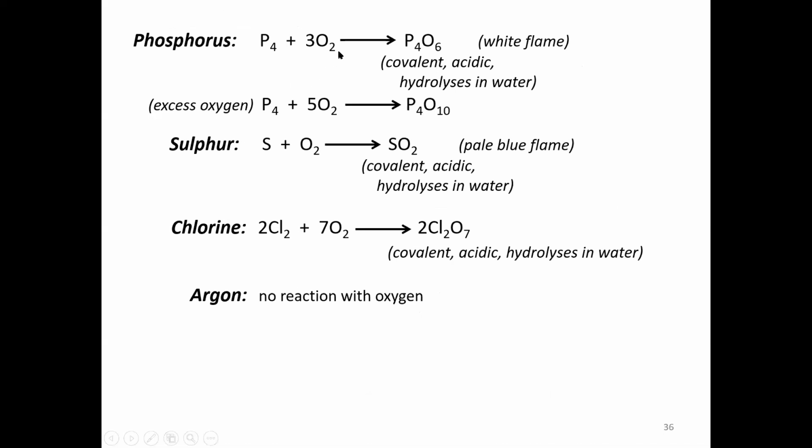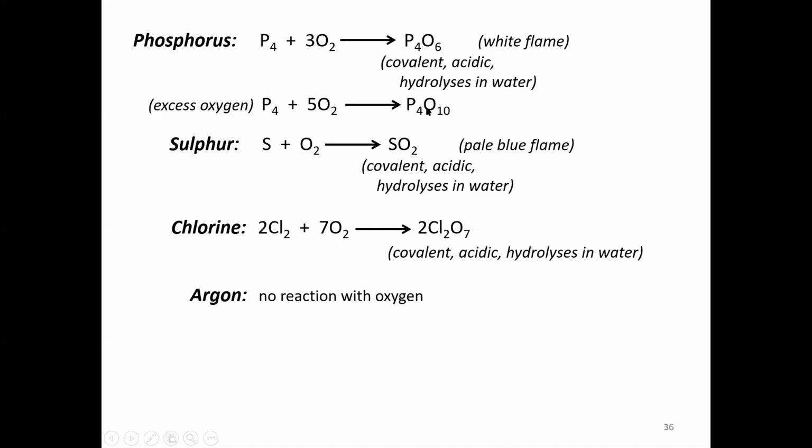Your phosphorus reacts with oxygen to form phosphorus(III) oxide, which is also covalent and acidic because it's a nonmetal. But in excess of oxygen, your phosphorus will form phosphorus(V) oxide.